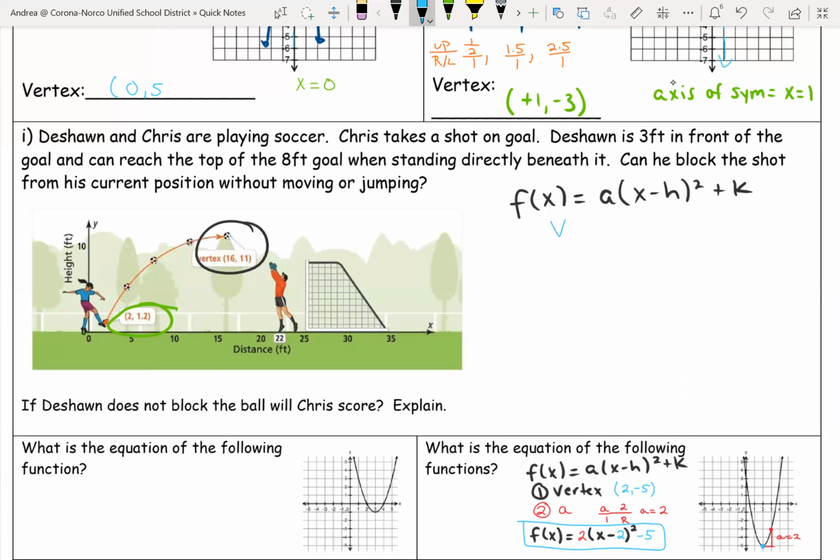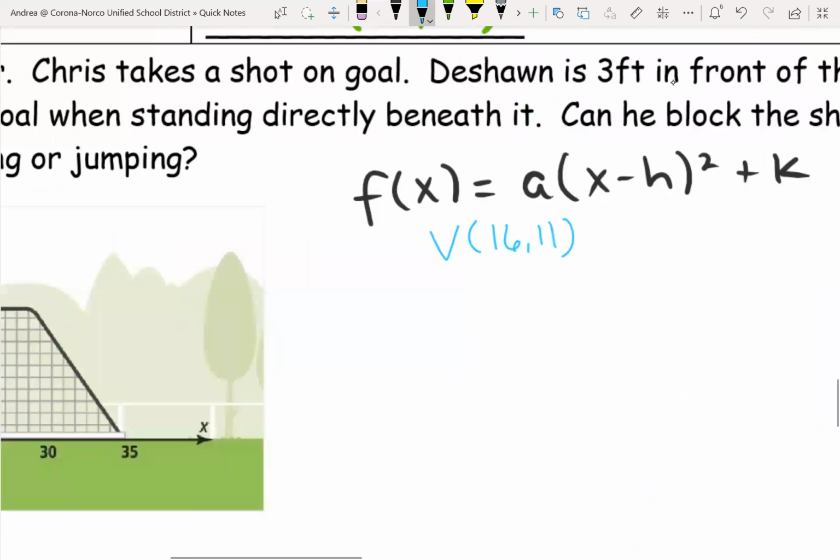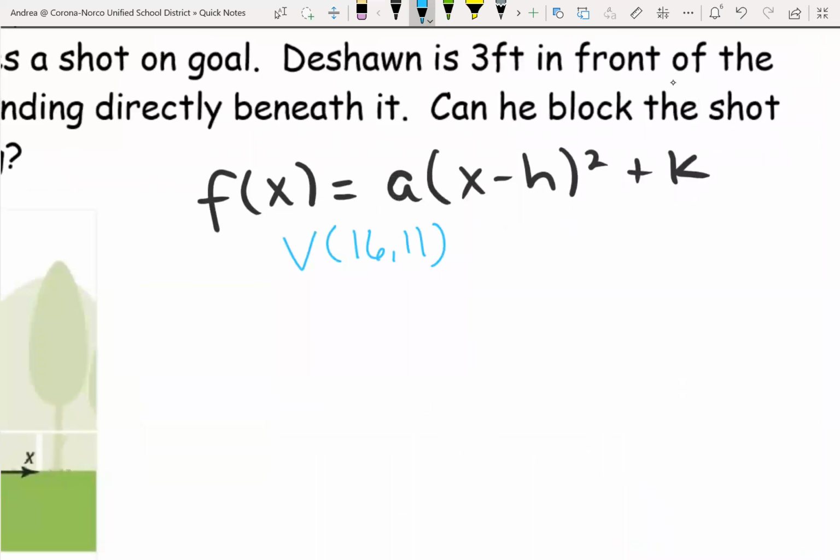So the vertex is 16 and 11. You're going to have to write small because we're going to have to do a lot of math here. I should have given you more room, I apologize for that. So we plug this in. f of x equals a times x minus 16 squared plus 11. I do not have an a value yet.